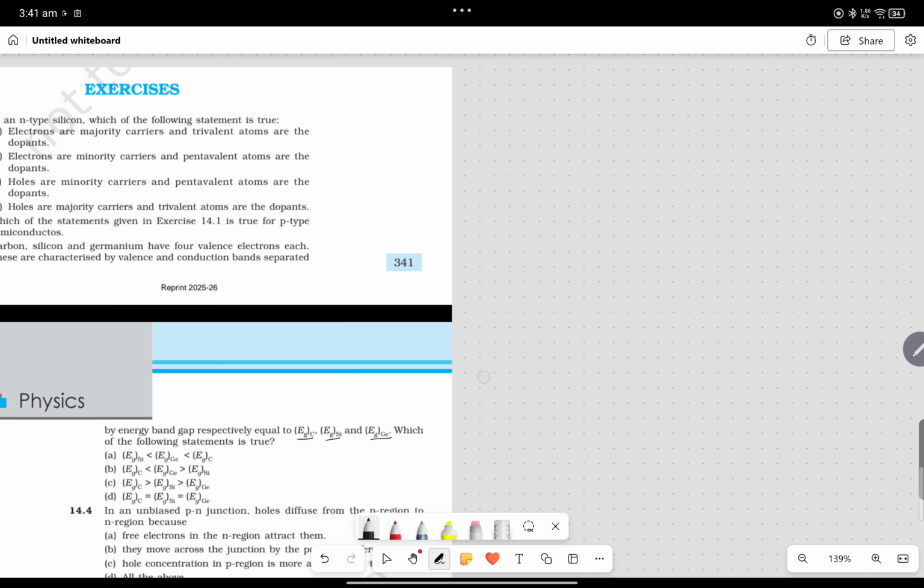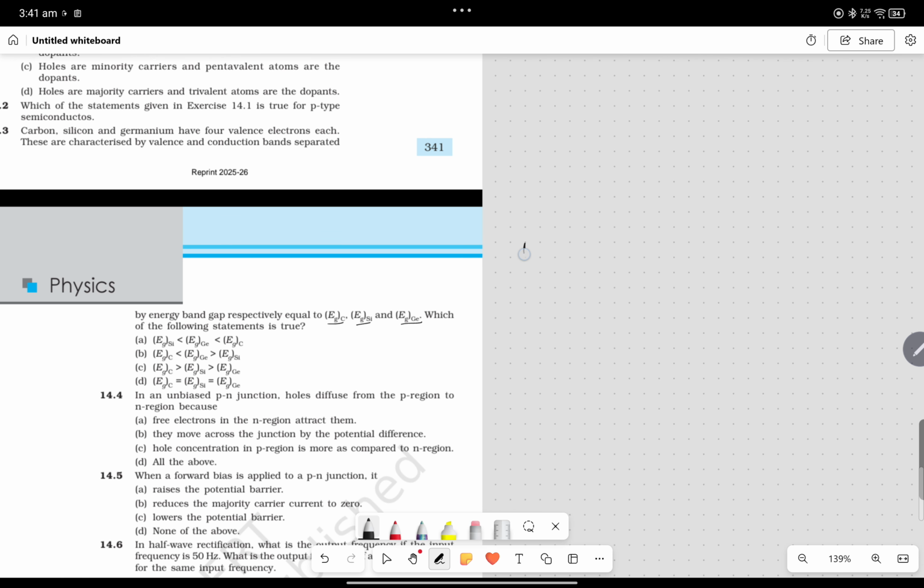Right. So what is energy band gap? Energy band gap is basically the gap for the transfer of an electron from the valence band to the conduction band. So if this is larger, then the conduction in that particular element is going to be less.